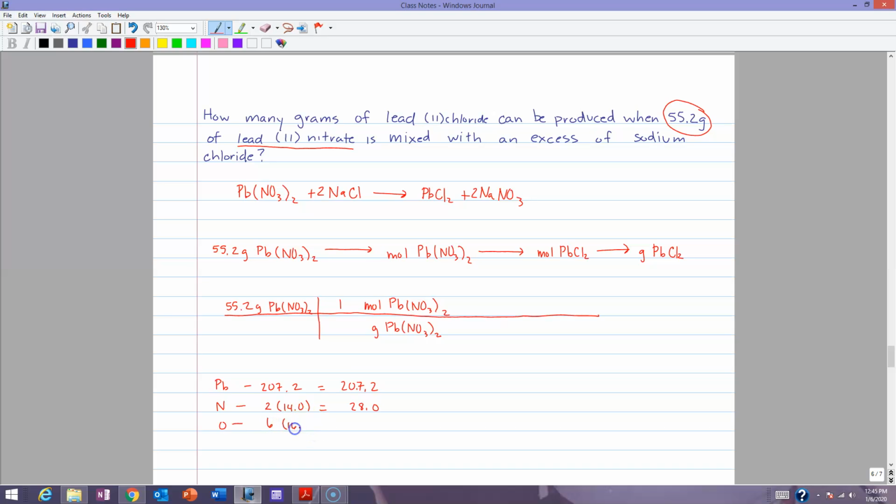Each one has a mass of 16 grams. So that's going to give me 96 grams from oxygen. So when I add all this together, I'm going to see that the molar mass of lead 2 nitrate is 331.2.